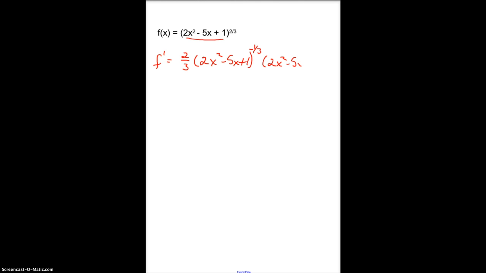Well, it would help if I could do a derivative, couldn't it? Ha. Got carried away, just started writing things down. Okay, so this derivative is 4x minus 5. We can rewrite this as 8x minus 10 divided by 3 times 2x squared minus 5x plus 1 to the 1/3. But folks, let's not do any more because that's just a mess.